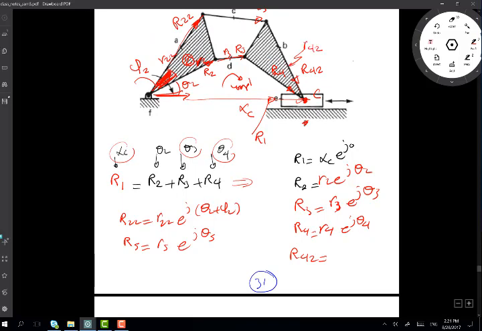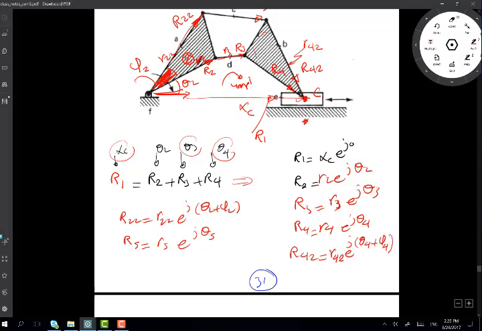And then there will be the difference between those two. There will be a specific angle which we can use to relate those two together. This angle we can refer to as φ4 or something like that, and this will be constant, and you can get it simply by looking at the definitions of the angles of the triangles. So I'm going to call this R42 e^(j(θ4+φ4)), which is constant, right?